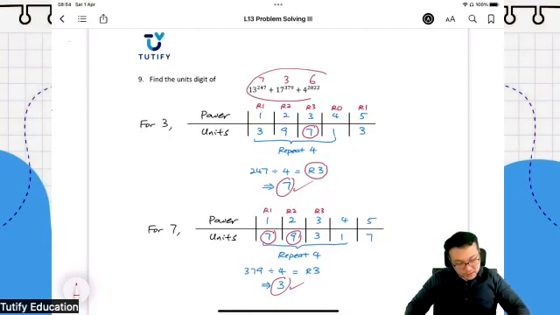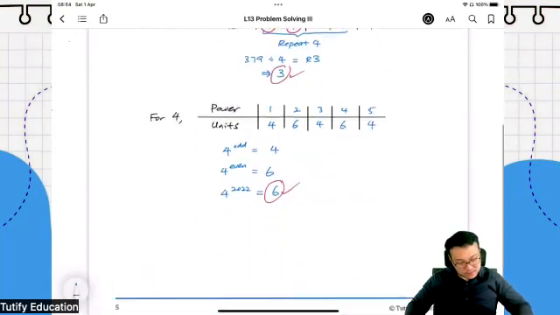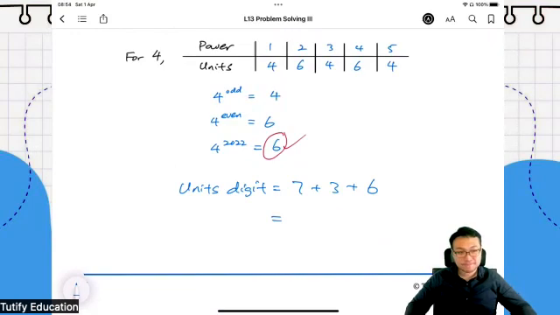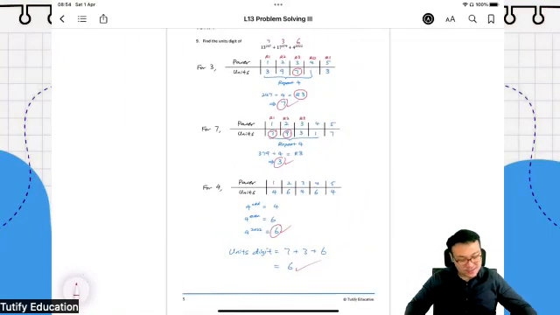So if you add all of them together, what will be the unit digit? 16, units digit 6. Good. Well done, Reagan. Any questions about this? Nope.